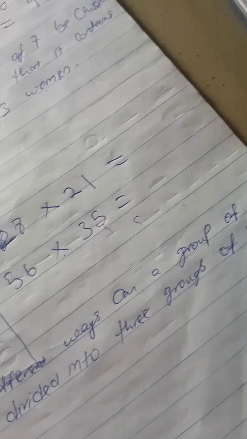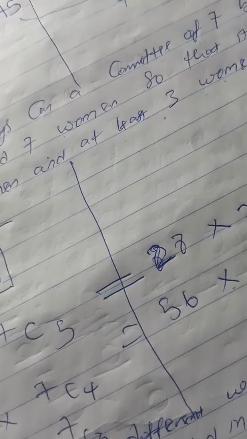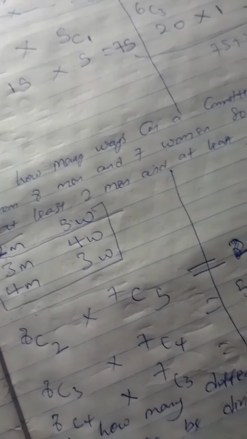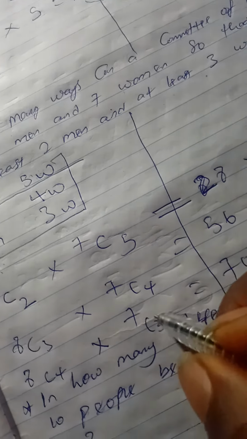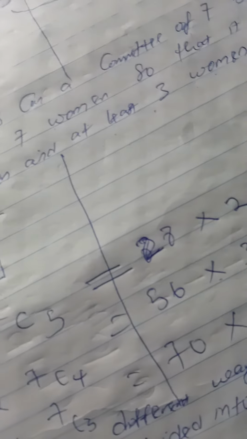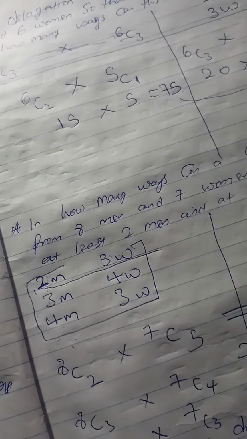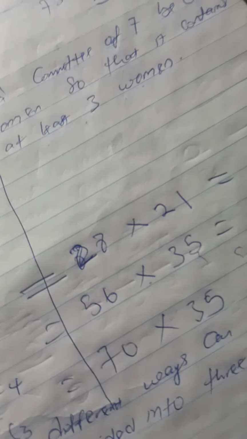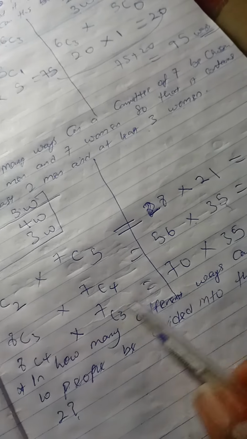Then 8 combination 4, that's 70, and 7 combination 3, that's 35. Are we together? I'm confirming something. So 7 combination 3 is 35.